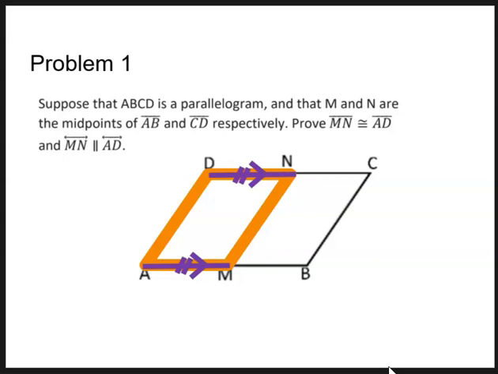Since DN is both congruent and parallel to segment AM, ADNM is a parallelogram. Since opposite sides of the parallelogram are parallel and congruent, that means that MN is parallel and congruent to AD.